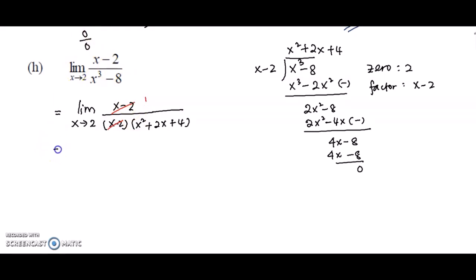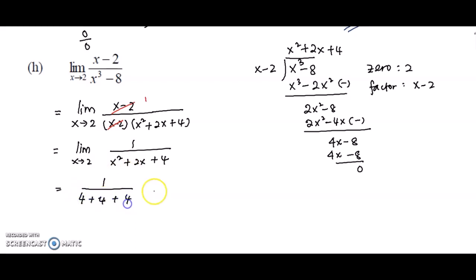What I have left is the limit, as x approaches 2, of 1 over x squared plus 2x plus 4. So now x minus 2 has already been cancelled off. You can just substitute the 2 inside to get your answer. That will be 4 plus 4 plus 4, so that will be 1 over 12.